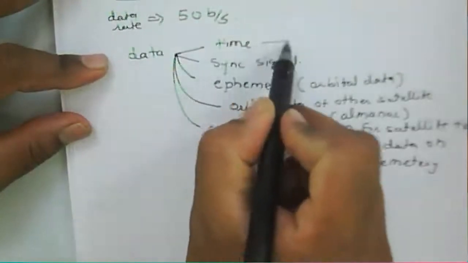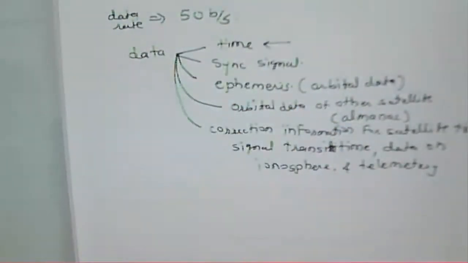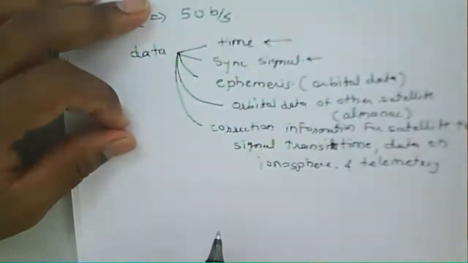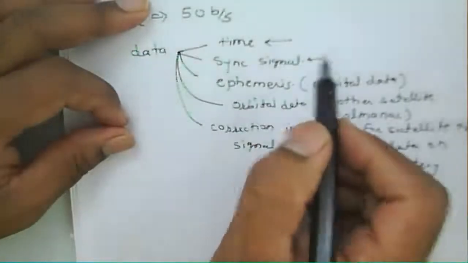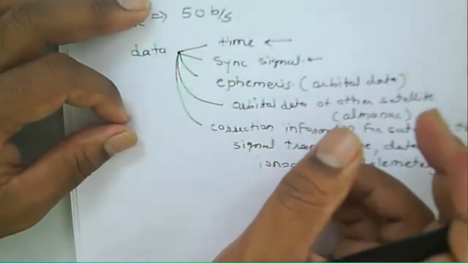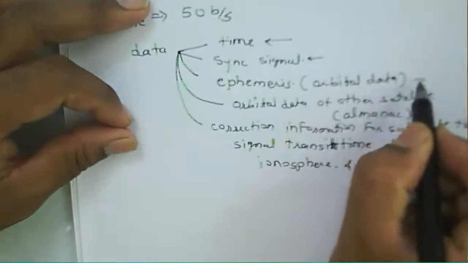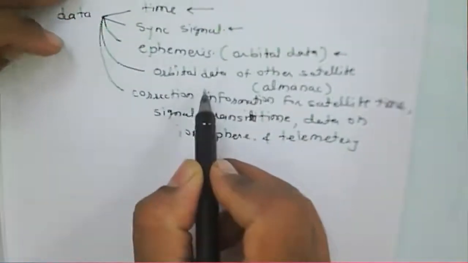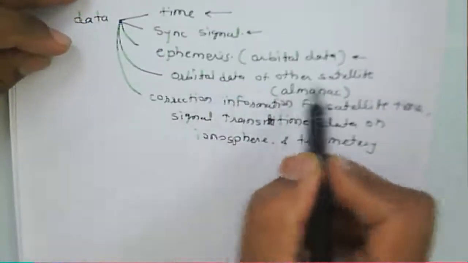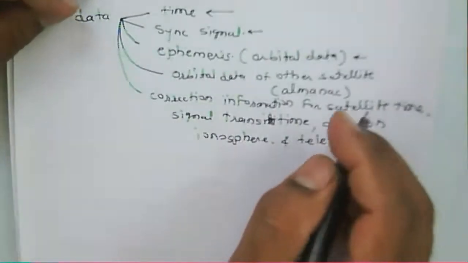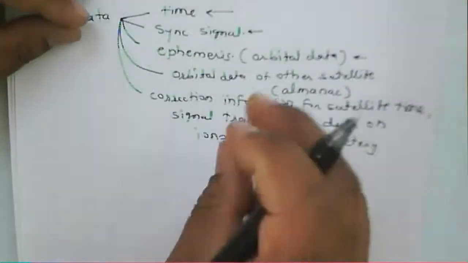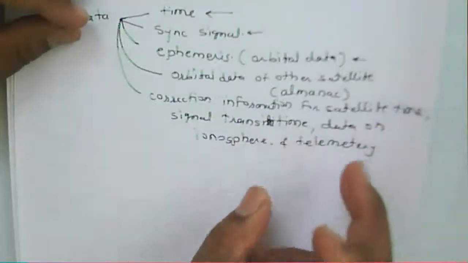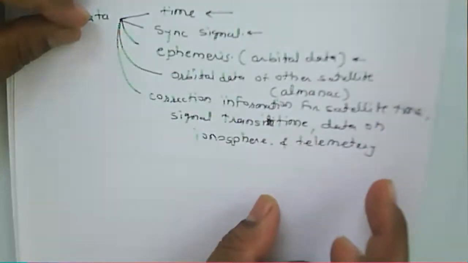Now, with this, we can obtain the instant at which the signal was transmitted. We have the synchronization information, or we can say clock information. The position of the satellite there is from the orbital data, and this one is the orbital data of the other satellites. And then other correction information of this satellite there.